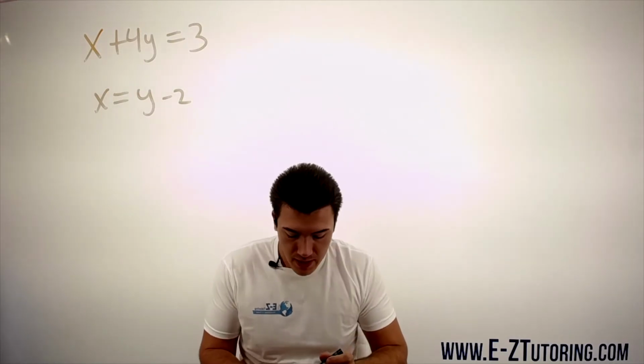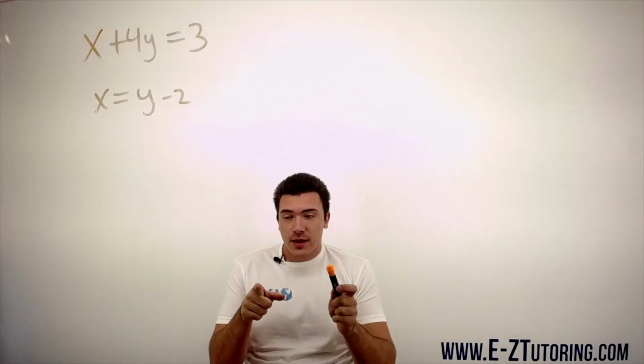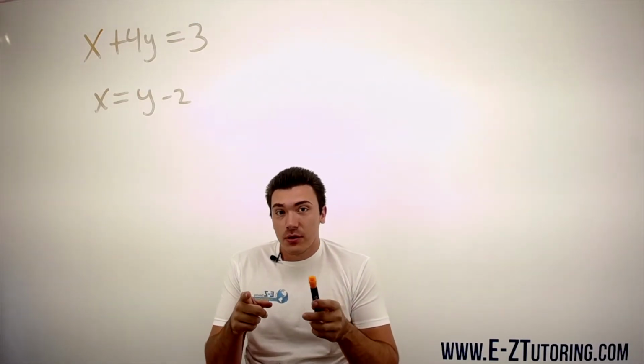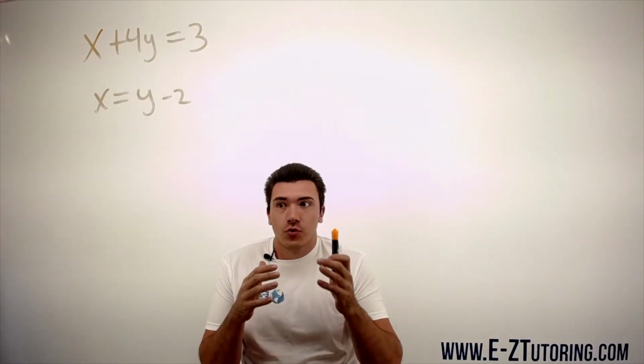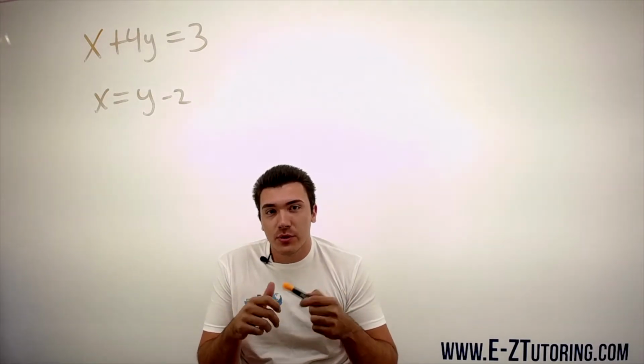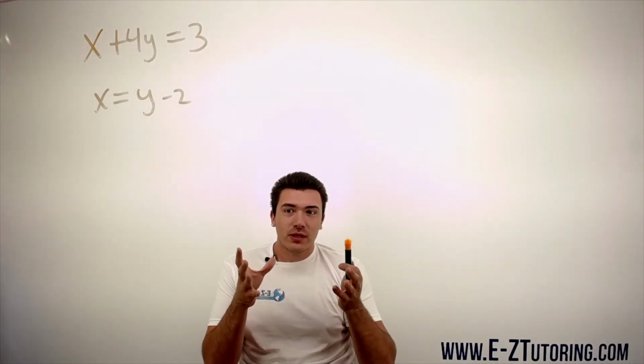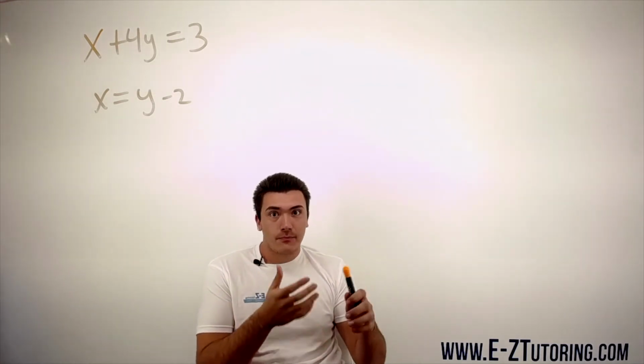So, in substitution, well, actually, scratch that. In elimination, you remember, you cross out one of the variables because you can't solve an equation with two unknown variables. So you cross out one of them, so you're left with only x or only y.